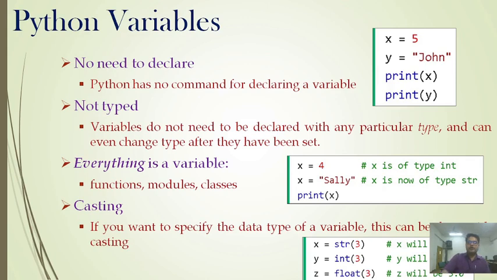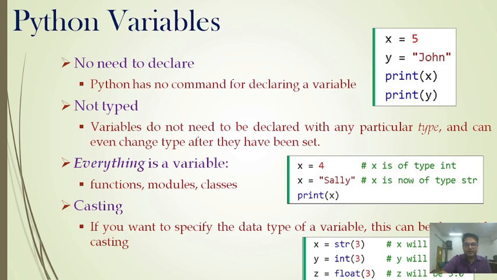You can see here, let's suppose x equals str(3). x will be 3, but it is in inverted commas, which means it is treated as a string, as I told you. Here x will be having str, int, float.